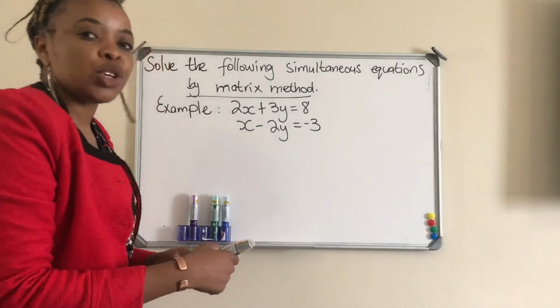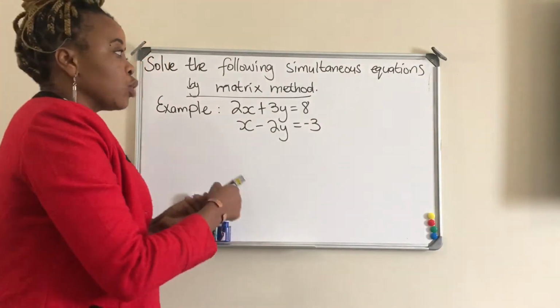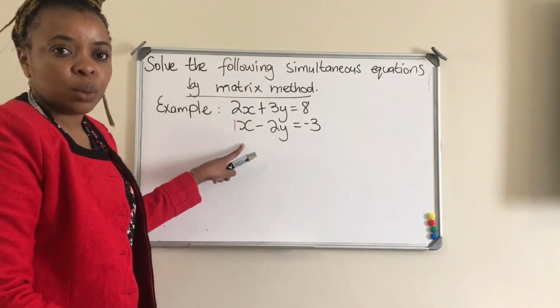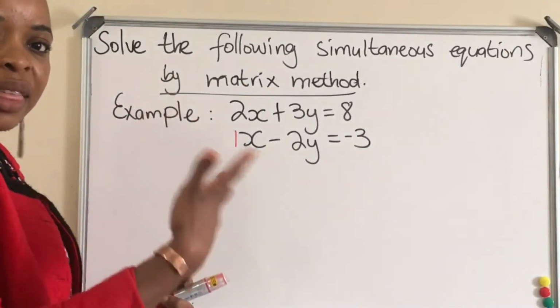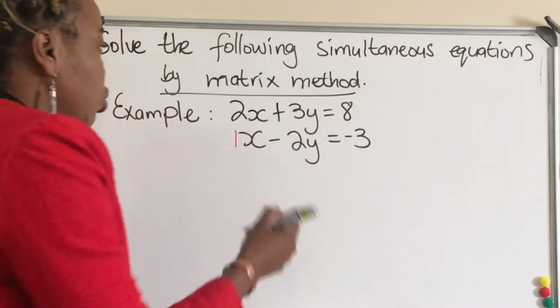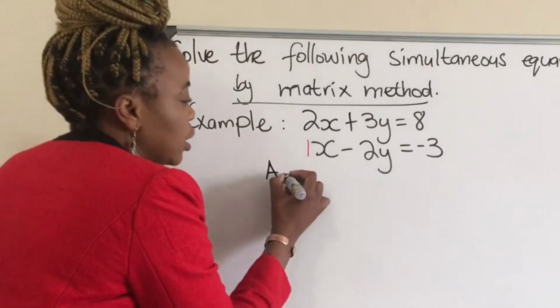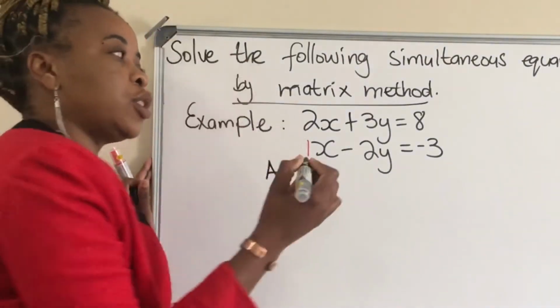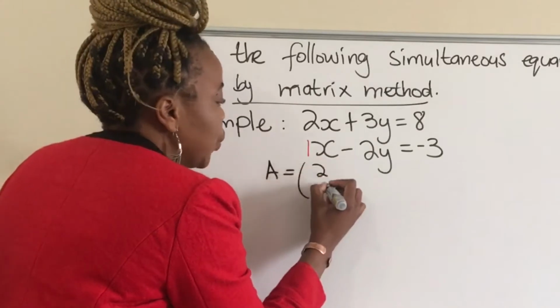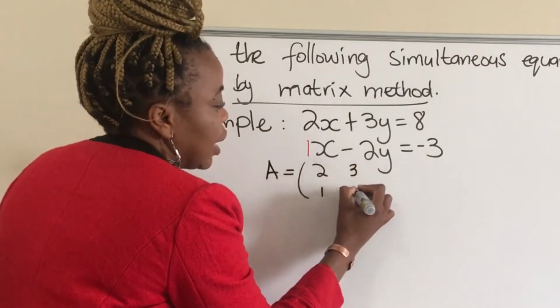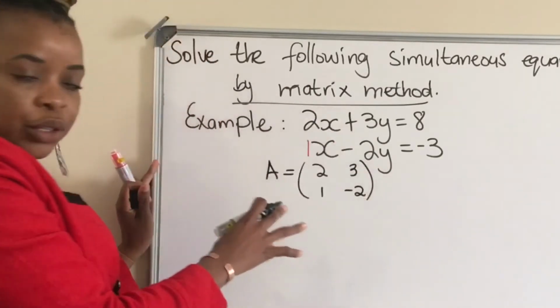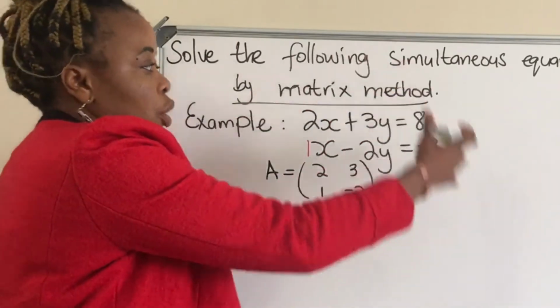Now, basically what you're going to start with is you are going to take note that the coefficient of x is 1. So I'm going to create three matrices. I'm going to name the first one A, and this will represent the coefficients. So we will have 2, 1, 3, and -2. That is the matrix representing the coefficients.